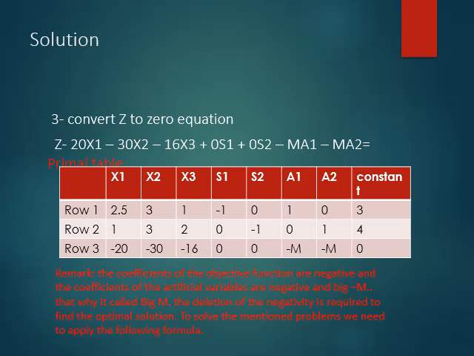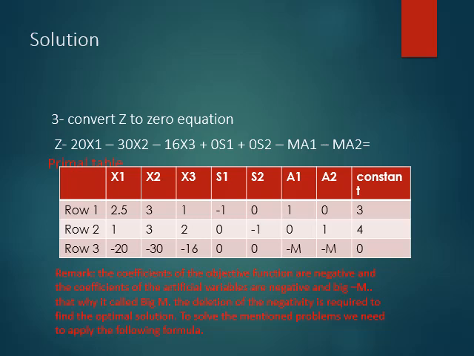Also 1 is the coefficient of x1 in constraint 2, then 3, 2, 0, negative 1, 0, 1, 4 respectively. Negative 20, negative 30, negative 16, 0, 0, negative M are the coefficients of z.